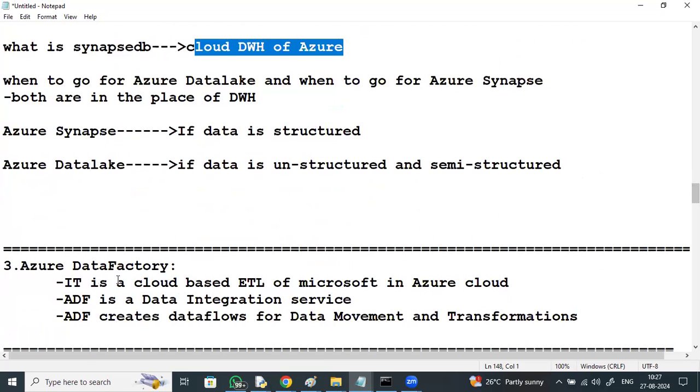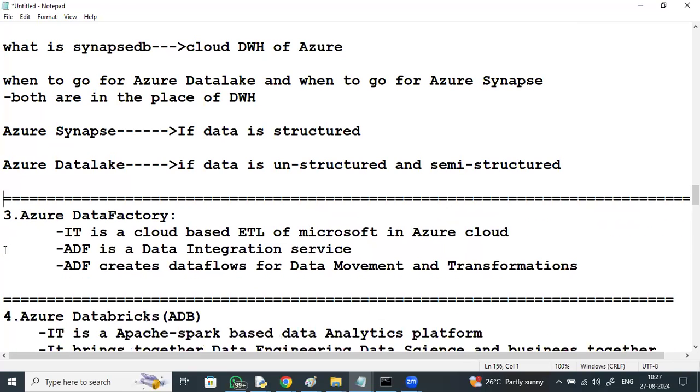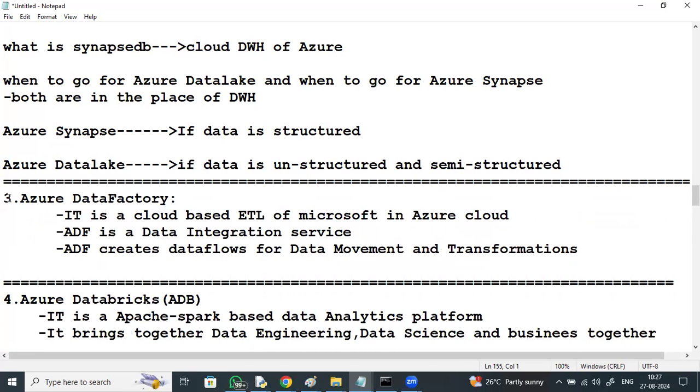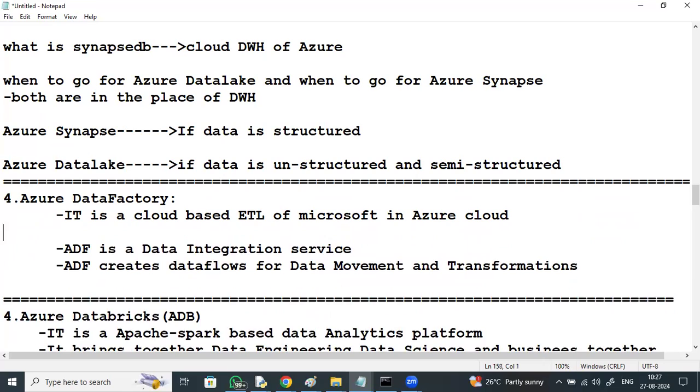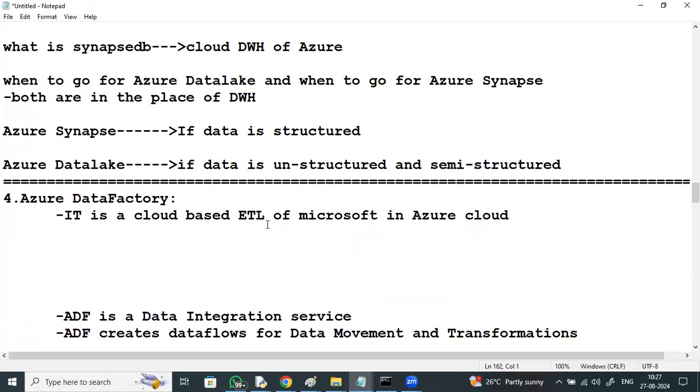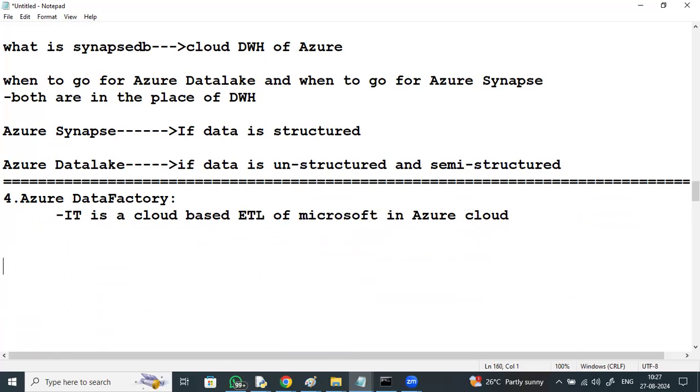Azure Data Factory, right? Now observe this. It is a cloud-based ETL of Microsoft in Azure clouds. Up to now, whatever components we have discussed, Azure SQL, Azure Data Lake, Azure Synapse.